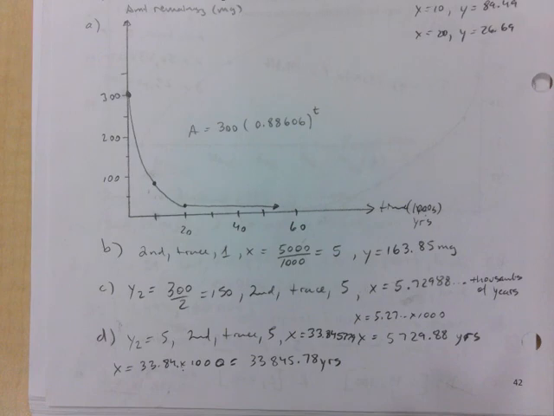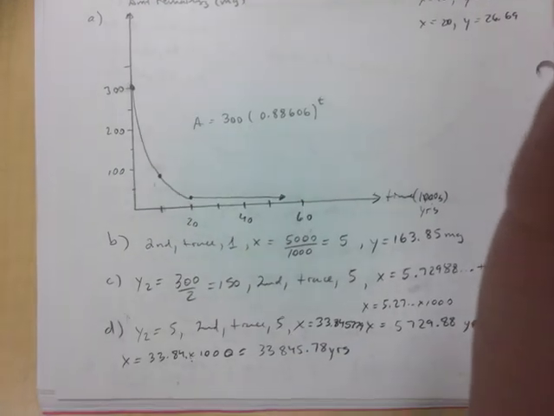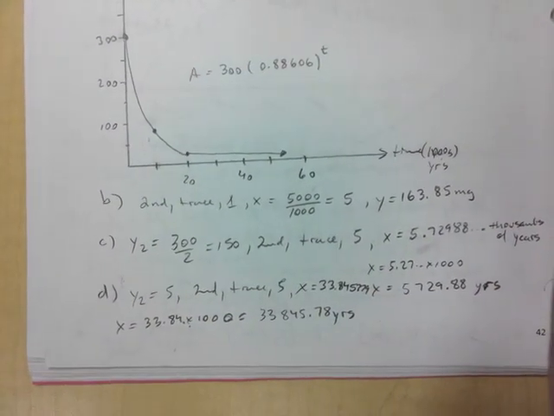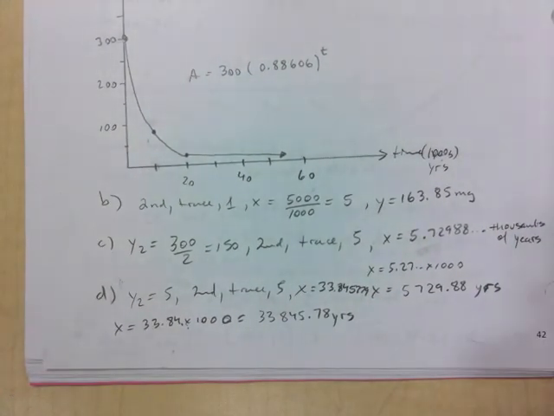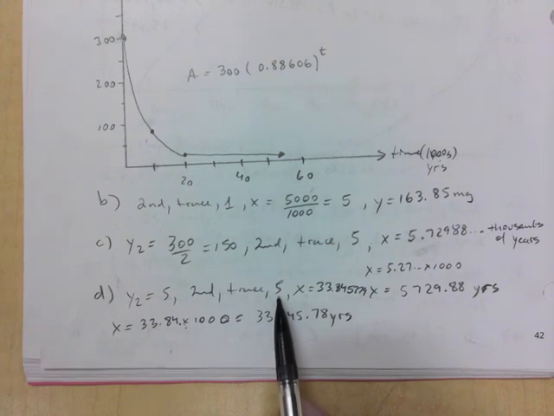What is the domain and range of this function in this context? I would have to say that this question isn't being very specific, right? When would you consider the carbon to be basically gone, right? Is it the 5 milligrams that we just did?